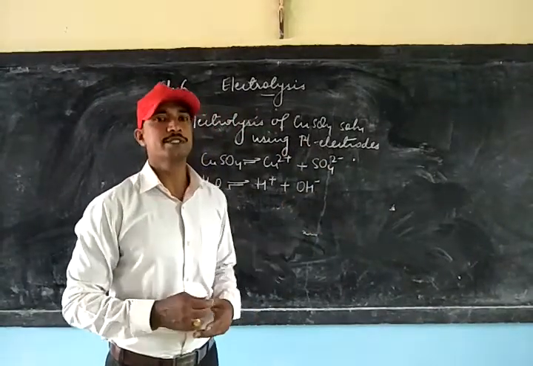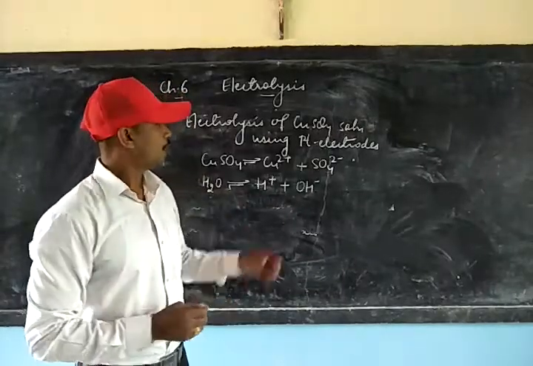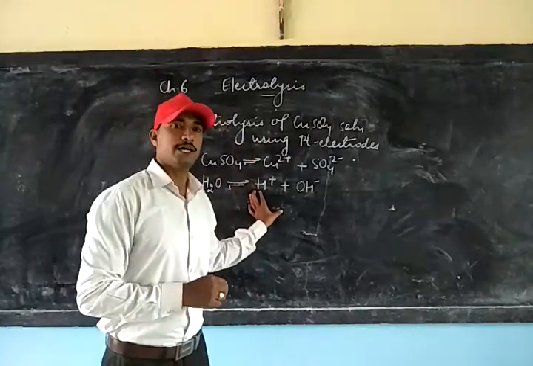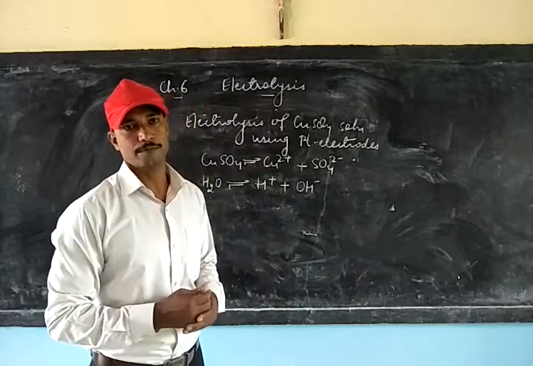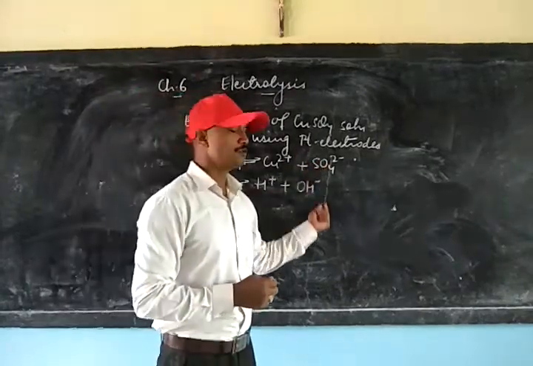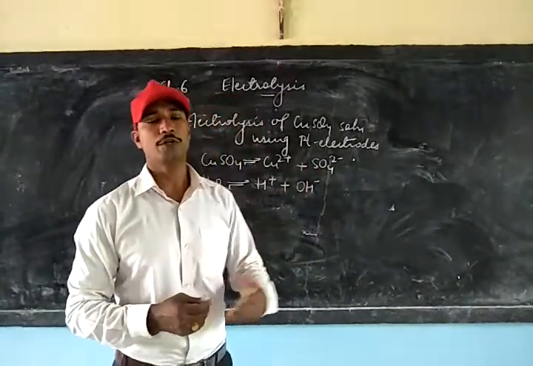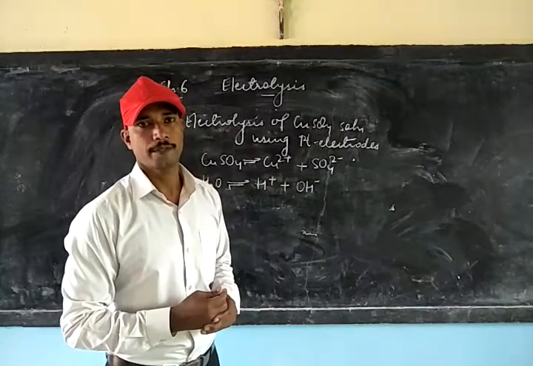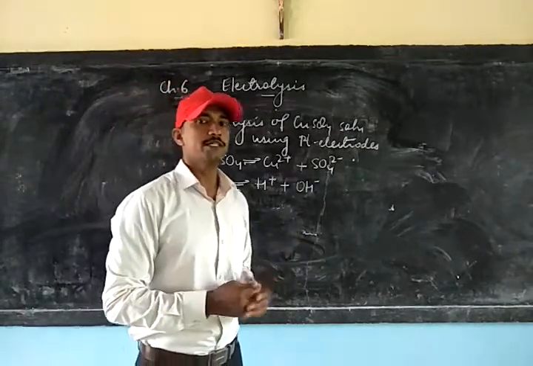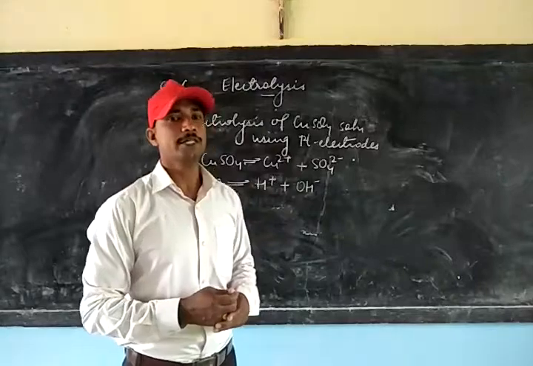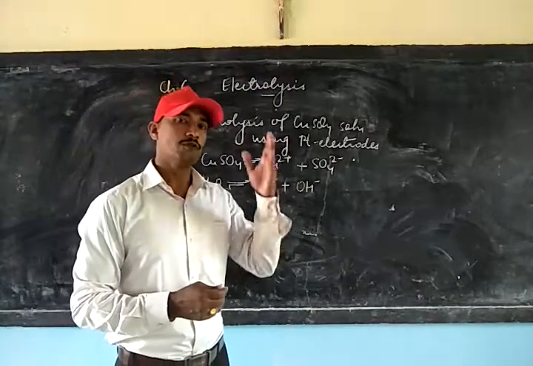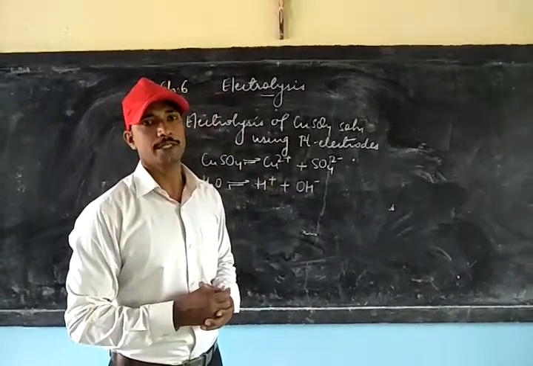But the question is, which one out of these two positively charged ions is going to discharge first? Or which one out of these two negatively charged ions is going to discharge first?